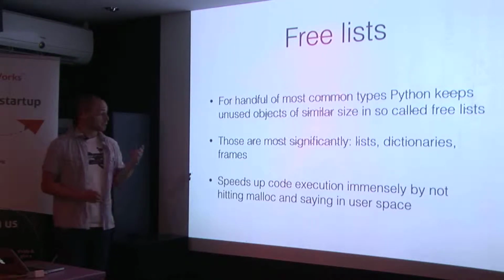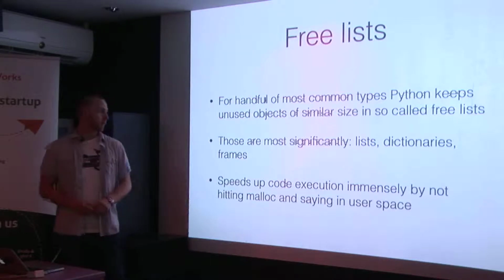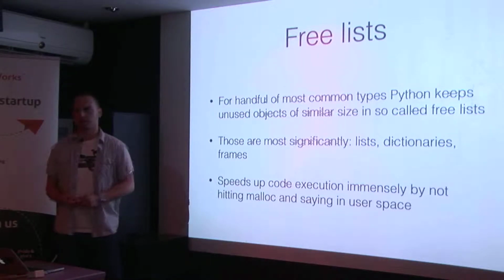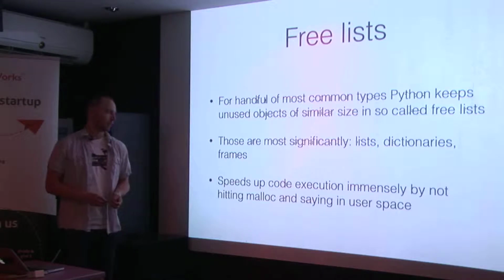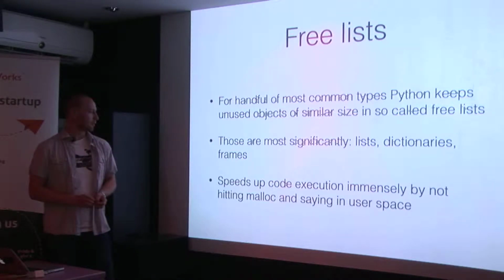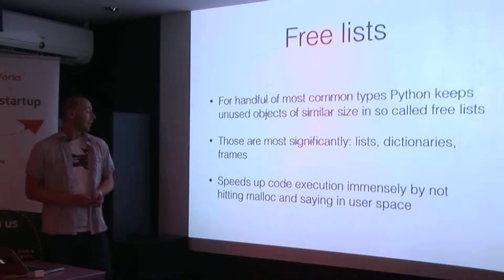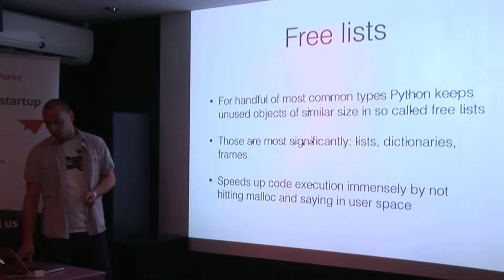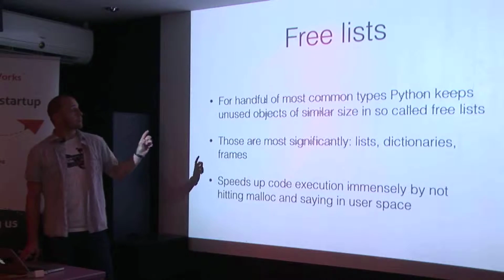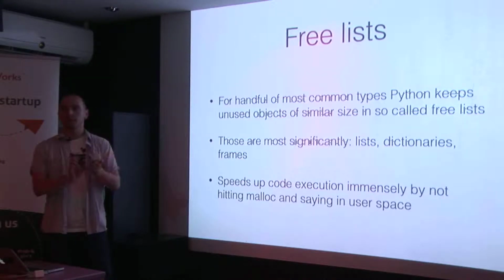As written here, it speeds up code execution immensely. I've read somewhere that the speed boost after implementing this was around 3 times, but I cannot point you to the link because I was probably too drunk to remember it. So the free lists that Python keeps contain objects of similar size.